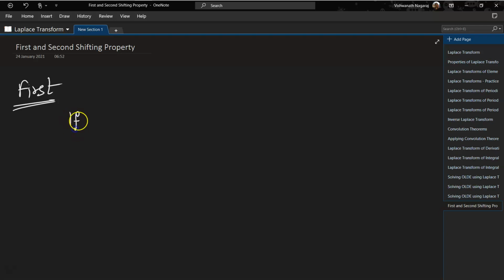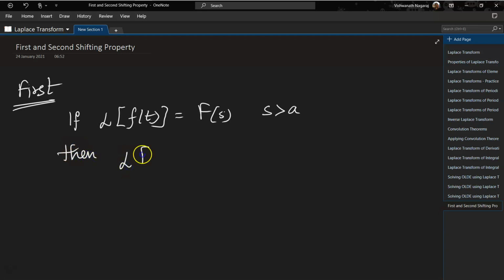As per that, if Laplace of f of t is equal to capital F of s when s is greater than a, then Laplace of e to the power of a t f of t is equal to capital F of s minus a.